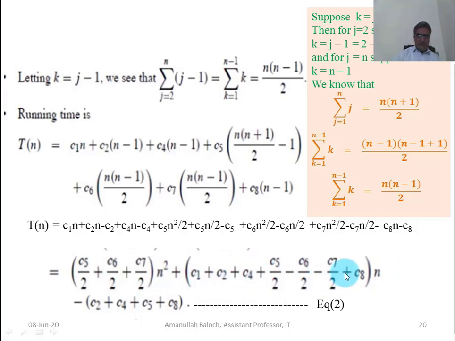we will write the constant values inside the bracket, and the rest, there is no n with this C2, with C4, with C5 and C8. So we write here C2 plus C4 plus C5 plus C8, and this will become the equation we have converted from this form to this form.